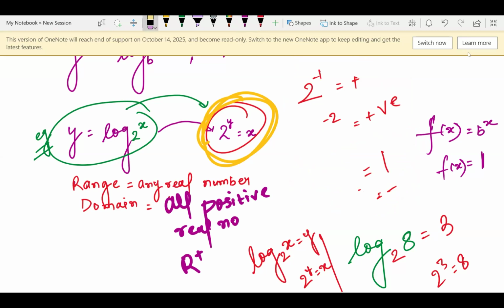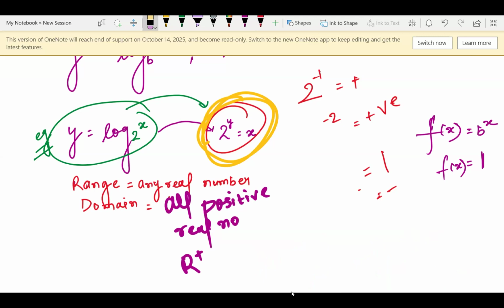Again, I am summarizing all of it: your logarithmic function will look like y is equals to log x base a. Any function which looks like this, you can call it a logarithmic function. Here the base needs to be bigger than 1. Why?